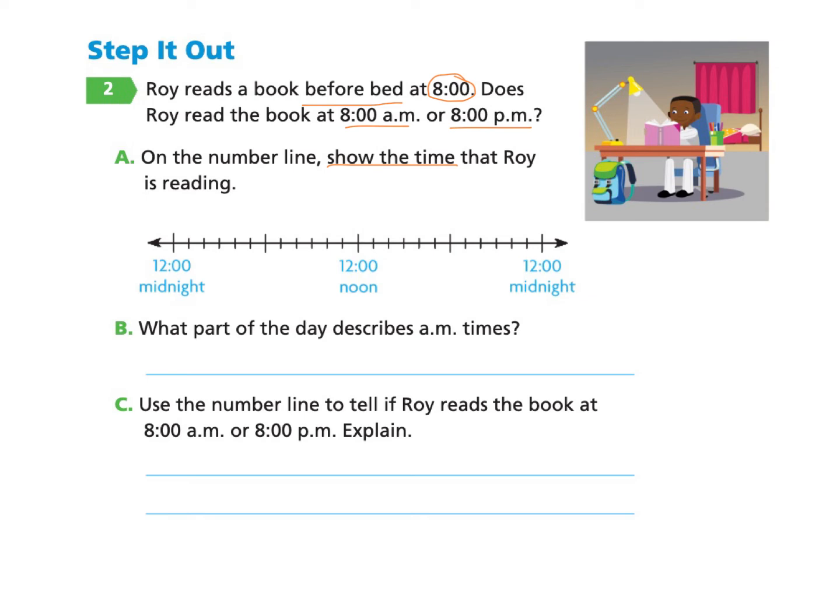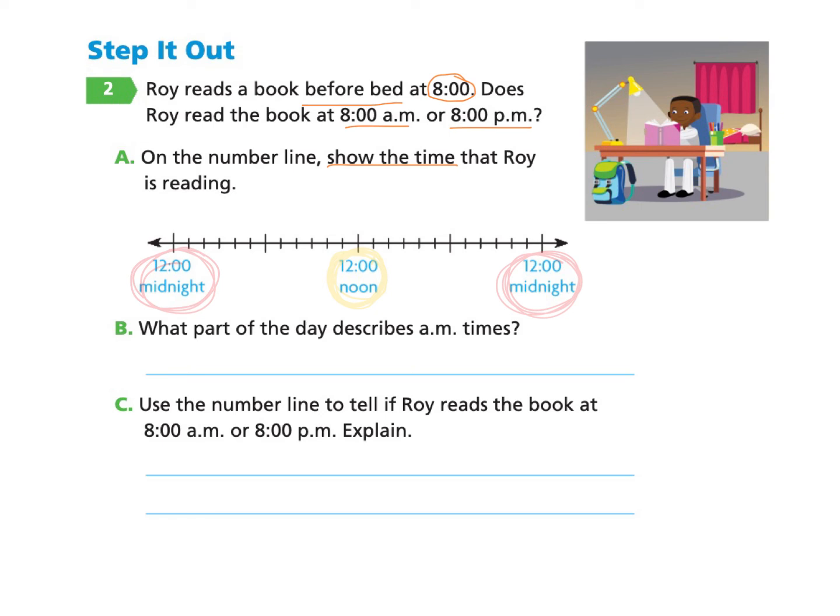Okay, so we know that here is 12 noon, which means this is the middle of the day. Typically when we eat lunch, the sun's out, and then we have midnight here where most of us are sleeping. It's the middle of the night. That's what midnight means.